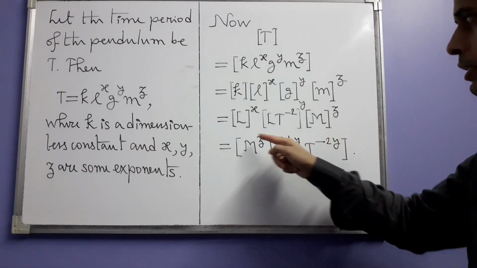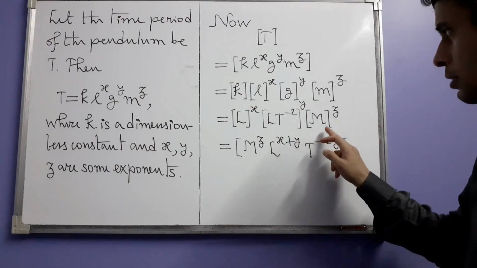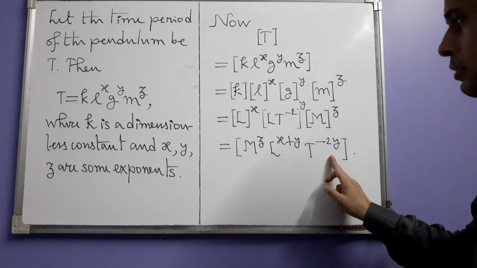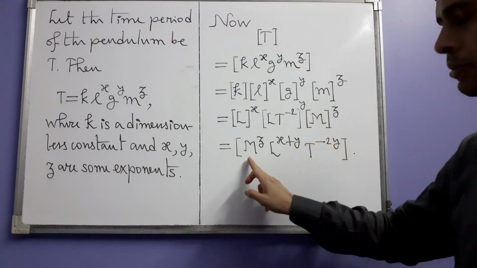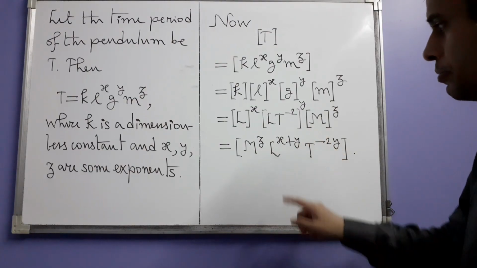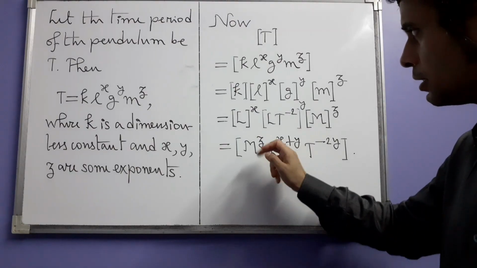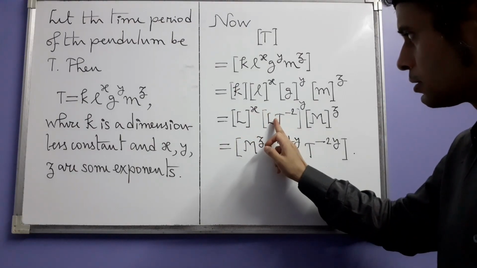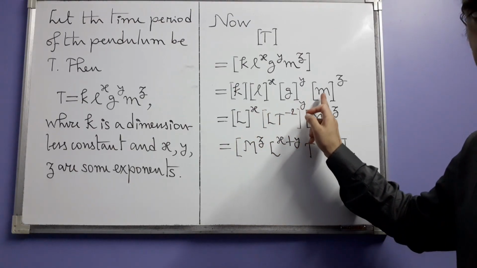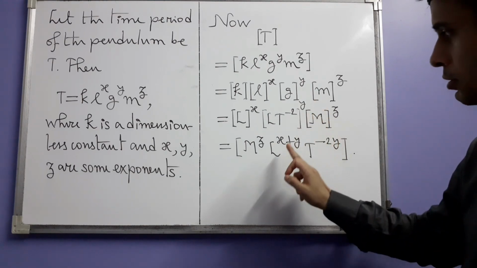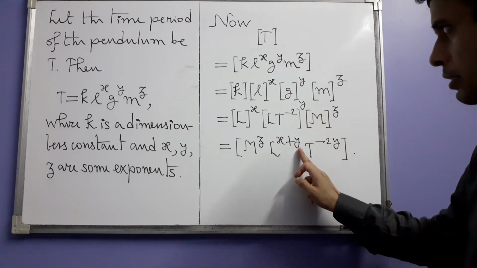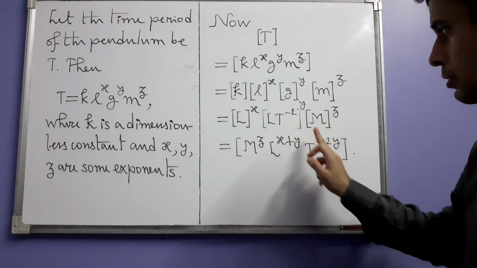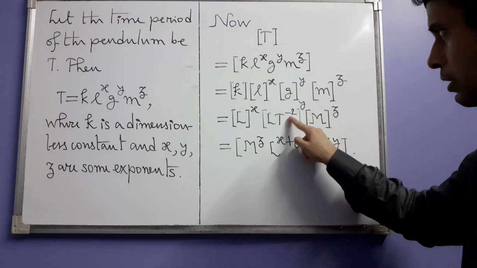And then again, treating them as algebraic quantities, you write finally this, where we first write M because that's how we write. So M to the power z. Here you have x and here you have another L with y on top of it. So you are getting L to the power x plus y and time T to the power minus 2y.